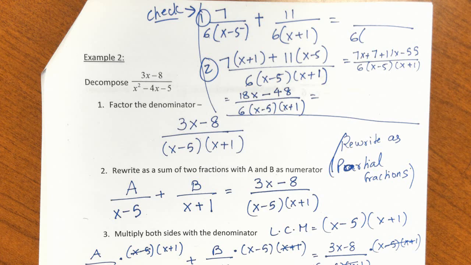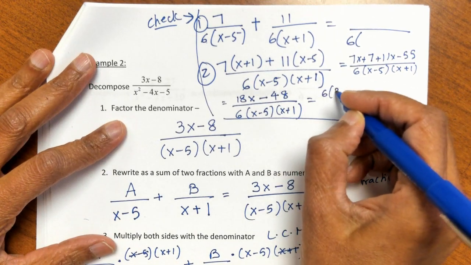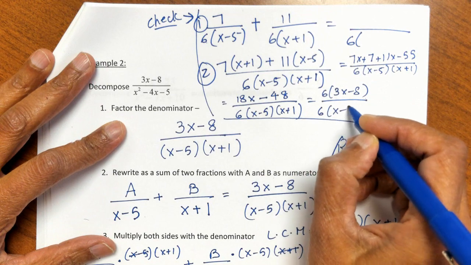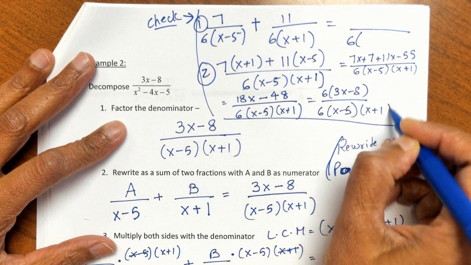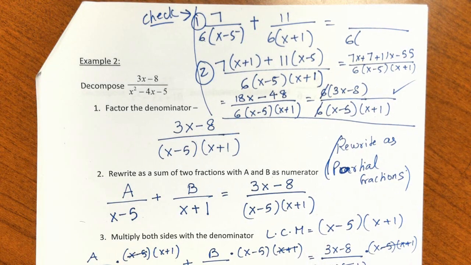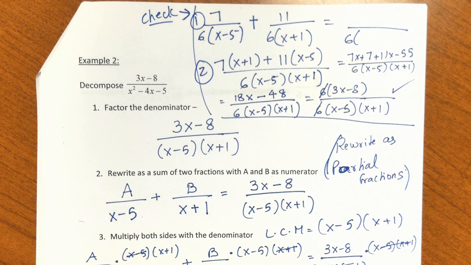So can we pull 6 out, cross it out, and you will get 3x minus 8. So that's our next step. I am pulling 6 out. Okay, I'm going to leave it up for a few minutes and see how you guys are doing.